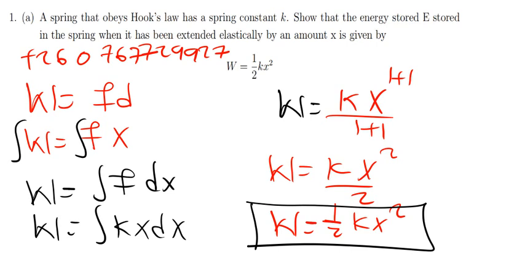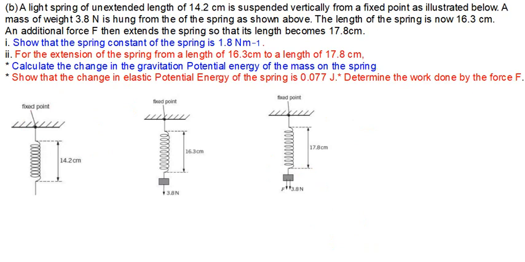So without wasting much of our time, let's go to question 2. So where is our question 2? Our question 2 is here. So the question is, a light spring of an extended length of 14.2 centimeters is suspended vertically from a fixed point as illustrated below.